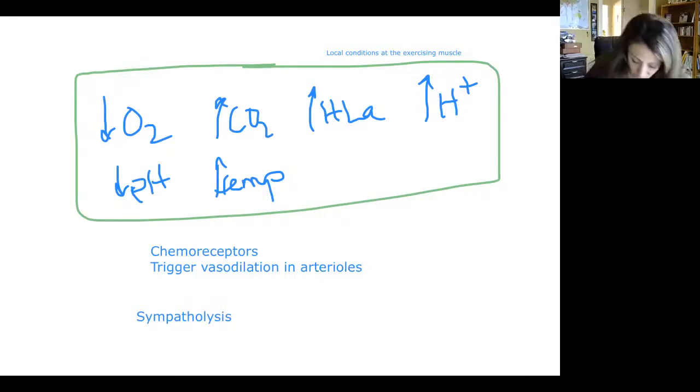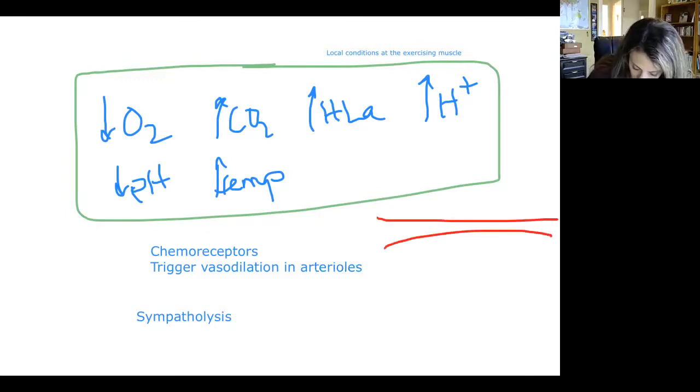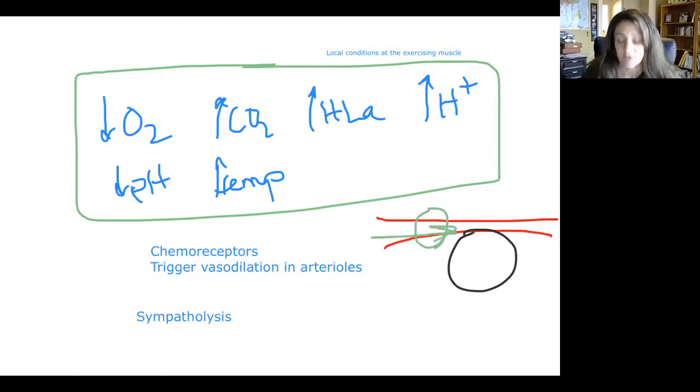Remember we had this drawing of the vessels. Here is the muscle, and these are the arterioles, right? Delivering the oxygen to the muscle. So if we vasoconstrict these arterioles, we'd get less blood flow here.